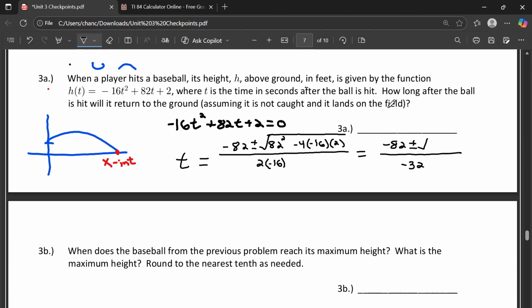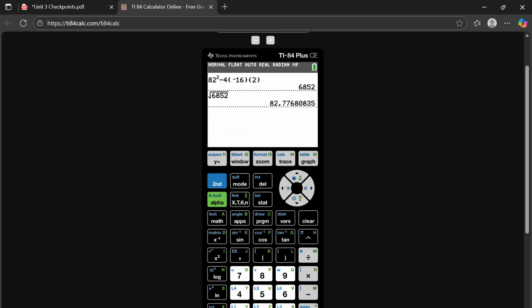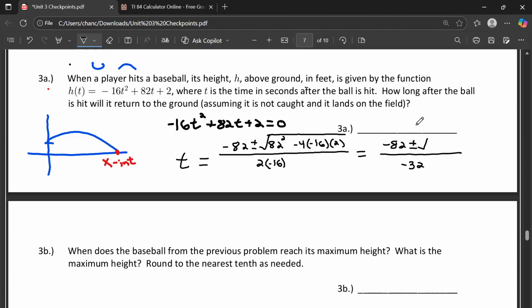They didn't tell me how to round. Normally they would say round to the nearest second or round to the nearest tenth. It looks like on this one down here it says round to the nearest tenth, so that's probably what I'll do. What did we get on the inside of our square root? 6852.